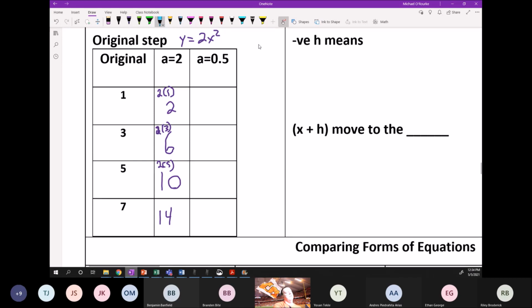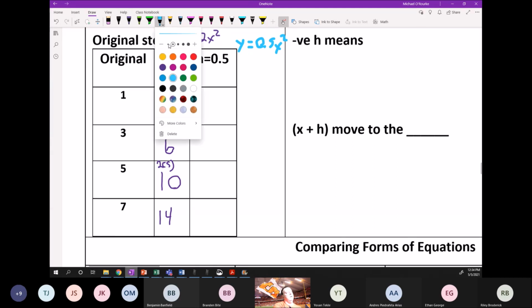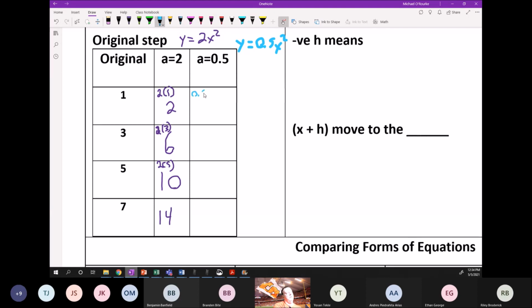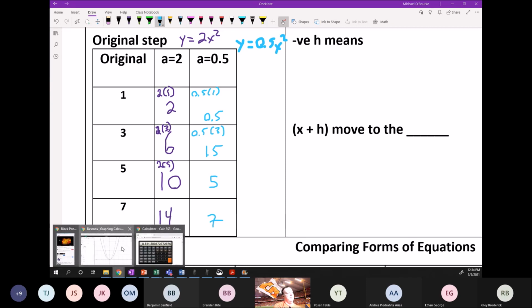And Farley also thought if we had a 0.5 in front, that would mean we would times everything by 0.5. So 0.5 times 1 would be 0.5. And then 0.5 times 3 would equal 1.5. This would be 5 and this would be 7. So let's try that out.